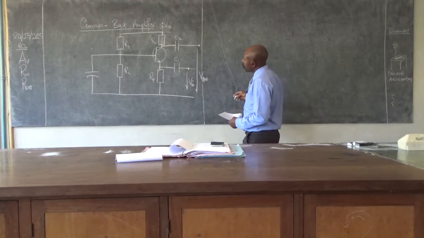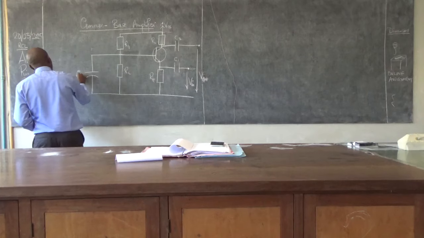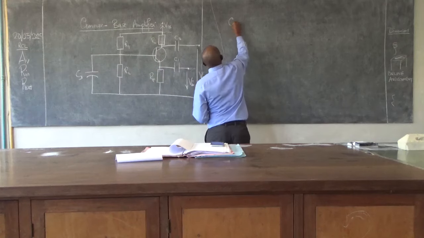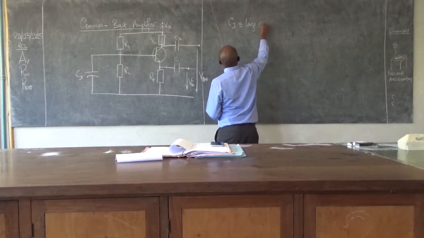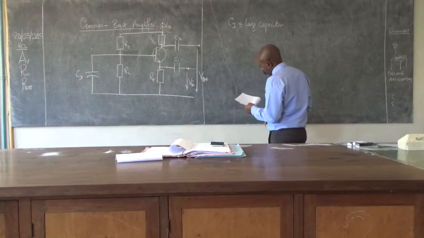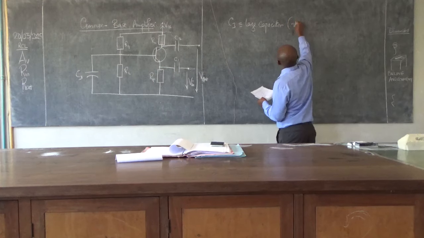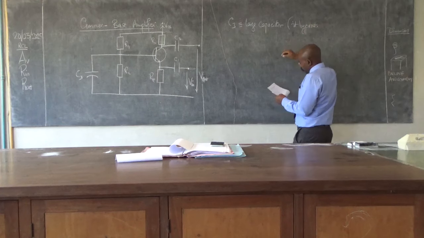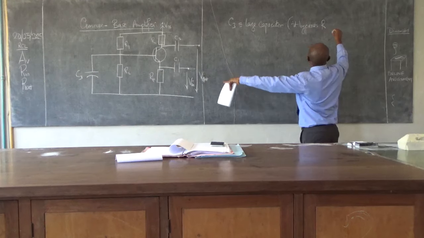So the C3, yes, this value, C3 is a large capacitor, and it bypasses R2.